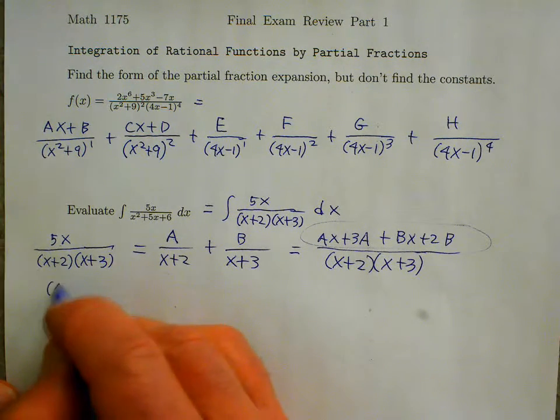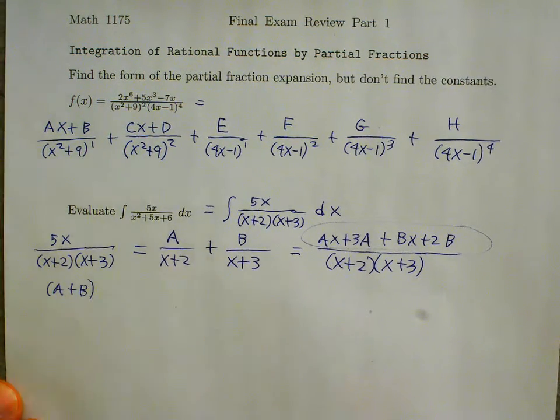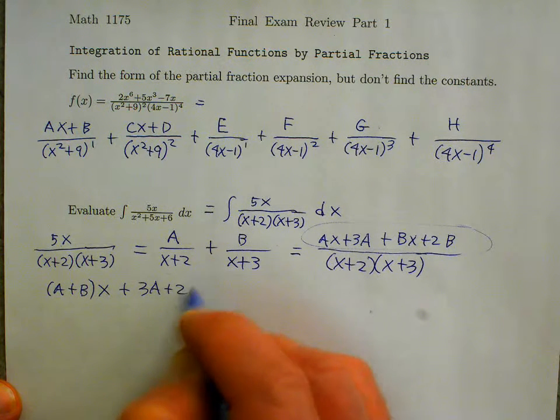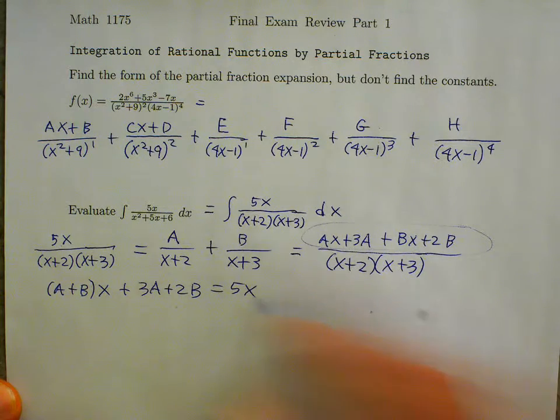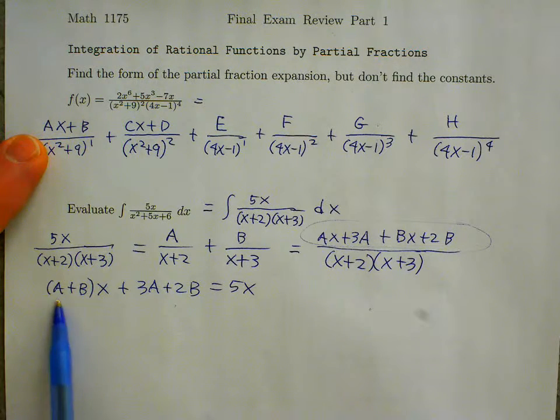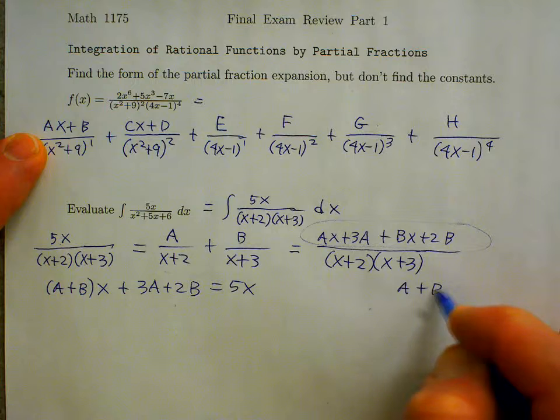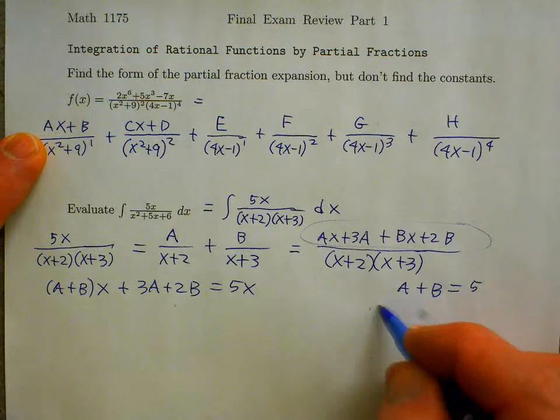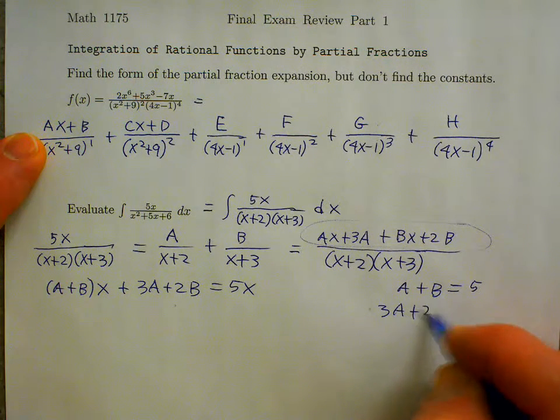So in other words, (a plus b) times x, plus 3a plus 2b has to add up to 5x. So we get a system of two linear equations in the variables a and b. a plus b is the coefficient of x, so a plus b is equal to 5. Plus 3a plus 2b, those have to add up to 0. So 3a plus 2b is 0.